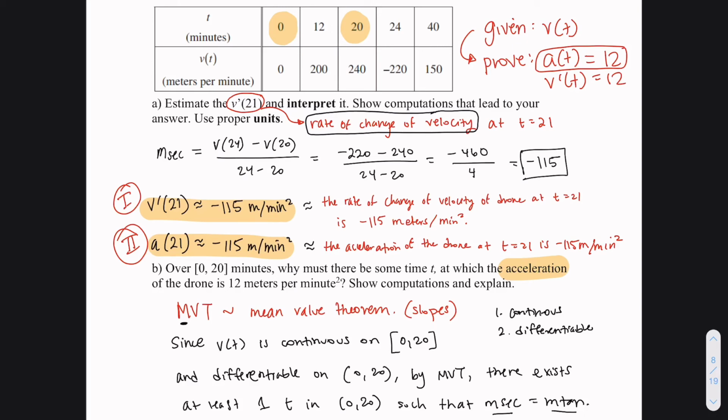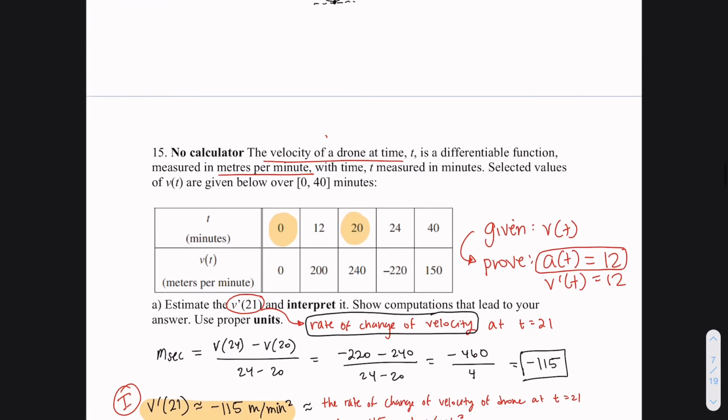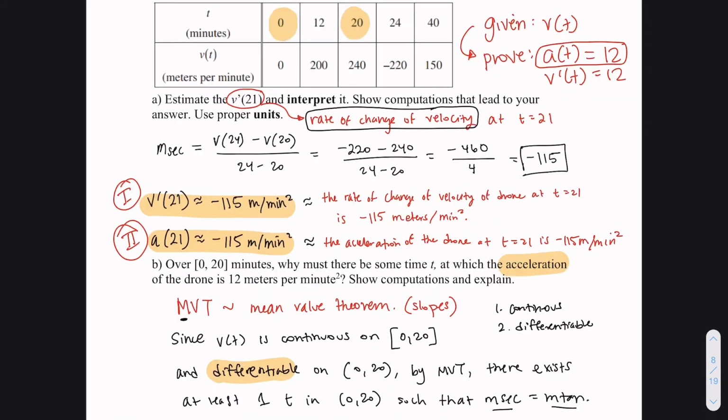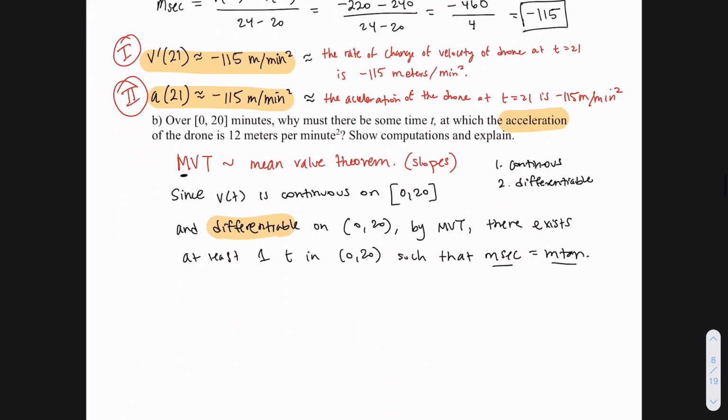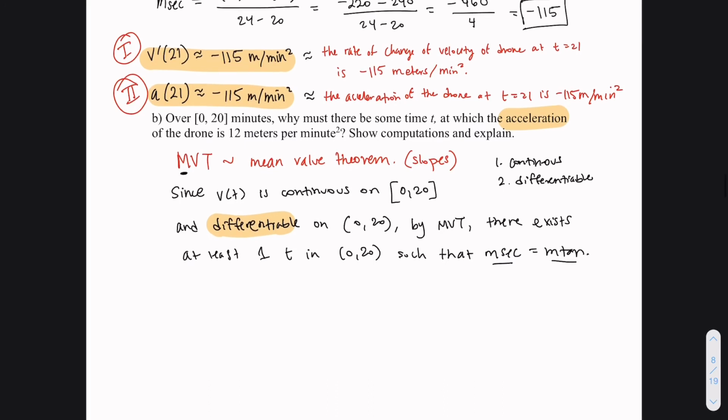By the way, I knew that this was differentiable because it told me right up here. Let's show our work. M sec equals m tan. Well, m sec would be v of 20 minus v of 0 over 20 minus 0. And m tan would be v prime.